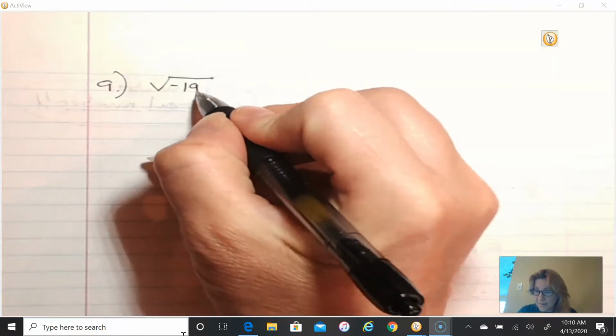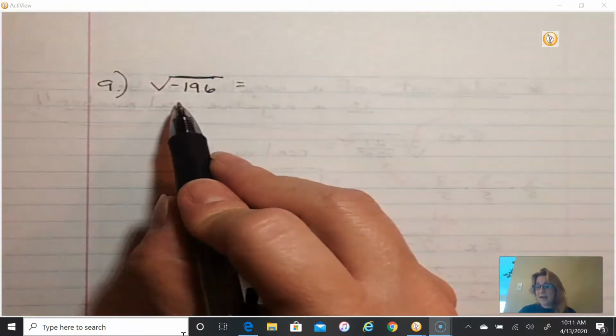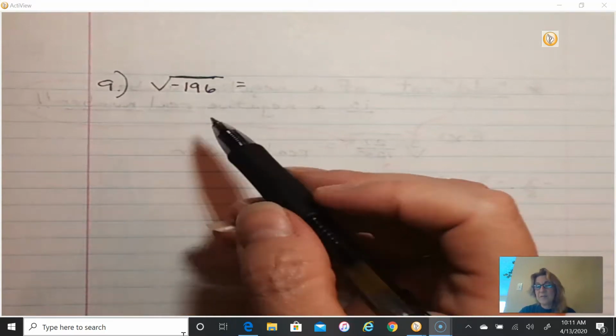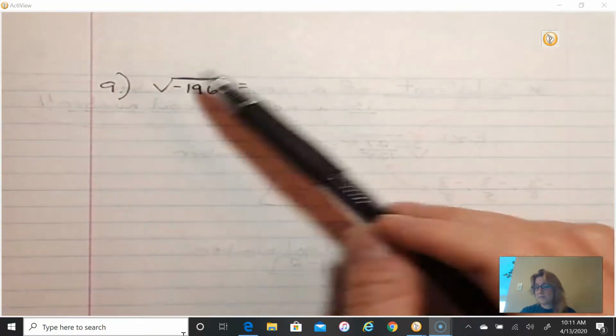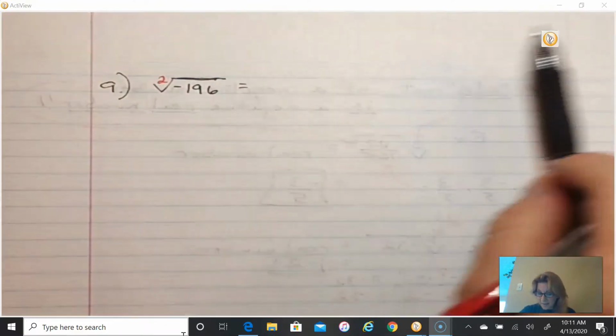Negative 196. Okay, you can have a negative under here, except if you have an even root. And what is the root here? If we have nothing there, it's 2. 2 is an even root.